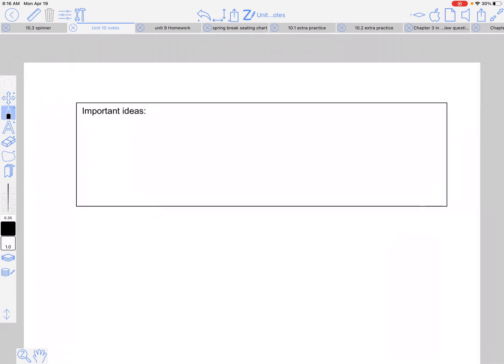Okay, so what did we learn? What was important here? We first learned about standard position. Standard position is this concept that we can measure angles and put them on a normal ordered coordinate plane.